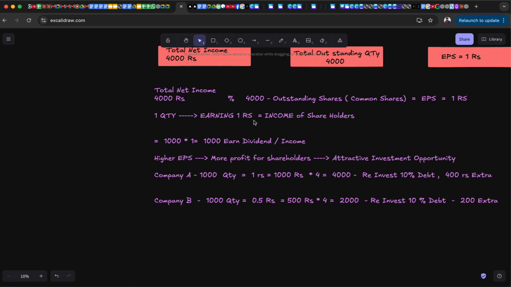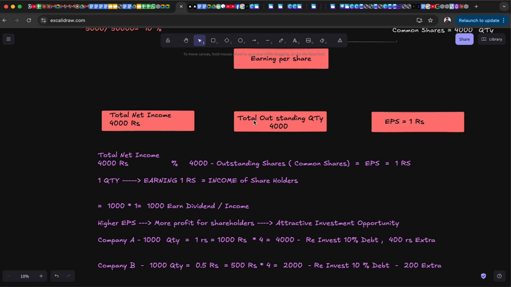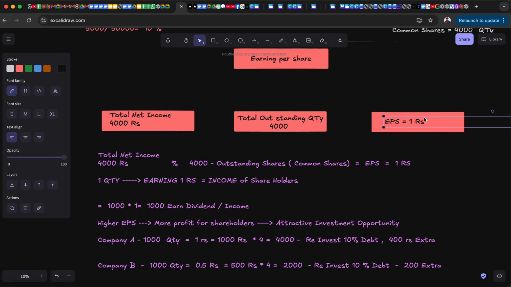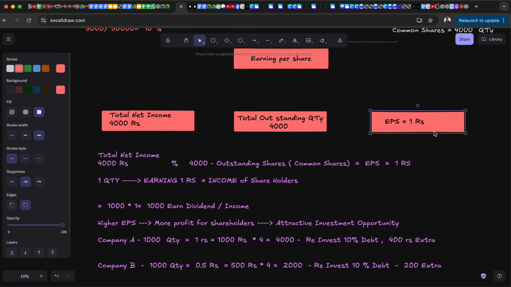See, in this ratio, the base remains the same, which is net profit, or total income, that we will compare. If you want to calculate price to earning, first you need to calculate earning per share. If you have earning per share, in this case 1 rupee, then you can easily calculate price to earning.